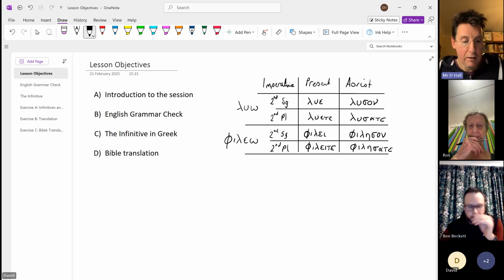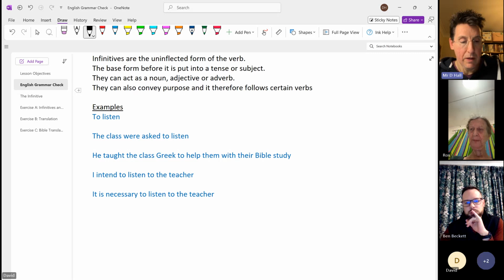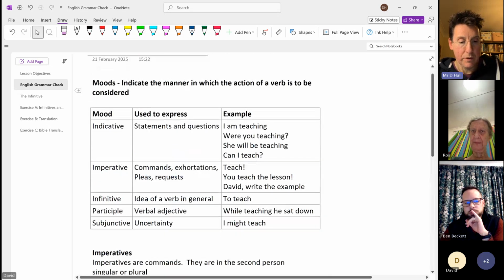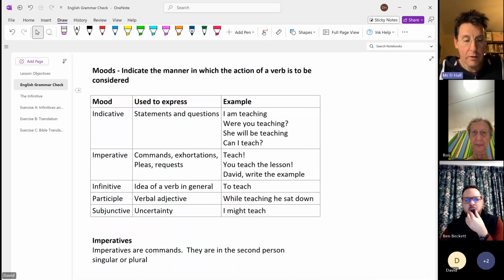So we're going to look at the infinitive today. So it would be a good idea just to check what the infinitive is. So let's just have a look at some grammar. I'll just give once again the idea of moods, just to remind you. So we have the indicative mood, which we've talked about.